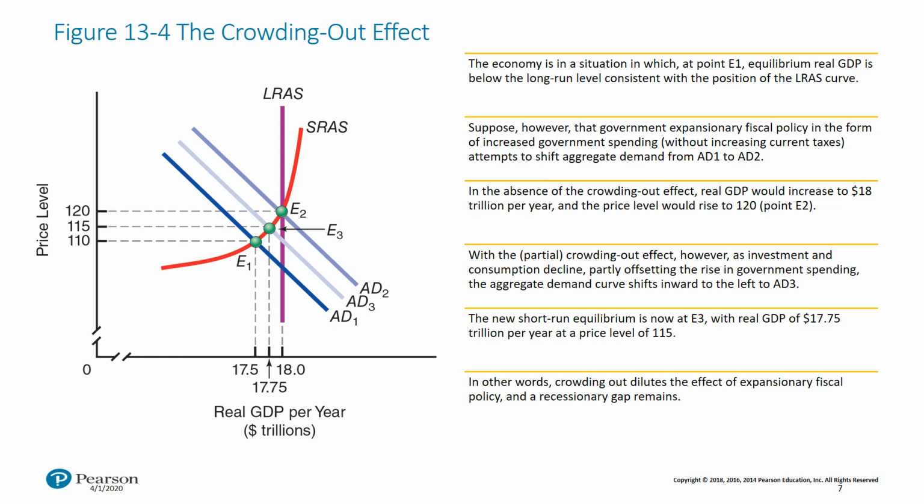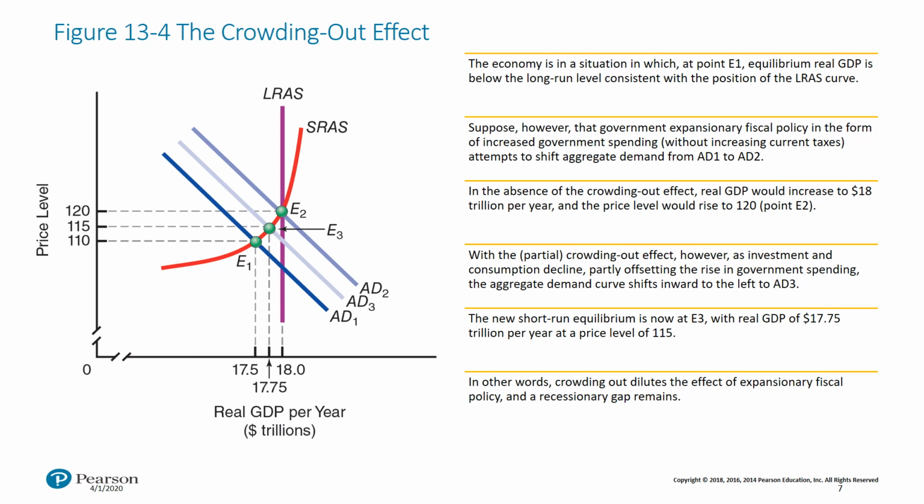Suppose, however, the government expansionary fiscal policy in the form of increased government spending without increasing the current taxes attempts to shift the aggregate demand from AD1 to AD2. In the absence of crowding out effect, the real GDP would increase to $18 trillion per year and the price level would rise to $120. You can see over there at E2.